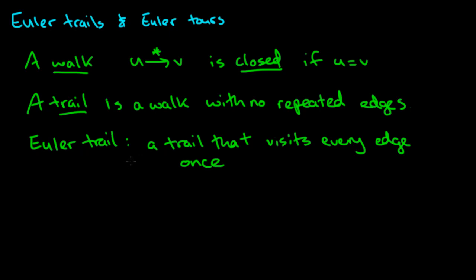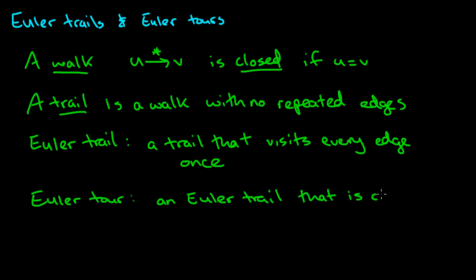Now, there's another word which is Euler tour, and that is an Euler trail that is also closed. So Euler tour, it's an Euler trail that is closed. So in other words, it visits every edge exactly once, and it also starts and ends at the same vertex.